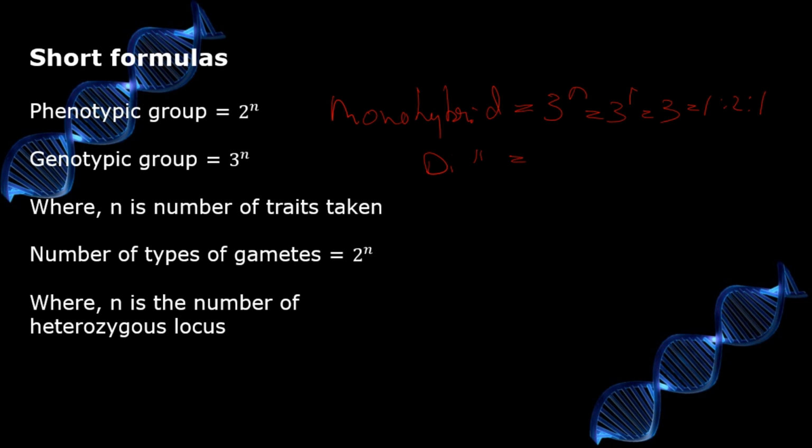So 3 raised to n is equal to 3 raised to 2, that is 9. As we know, the ratios are 1 is to 2 is to 1 is to 2 is to 4 is to 2 is to 1 is to 2 is to 1. Okay, now we understand how we can get the number of groups by getting the number of traits in an individual.